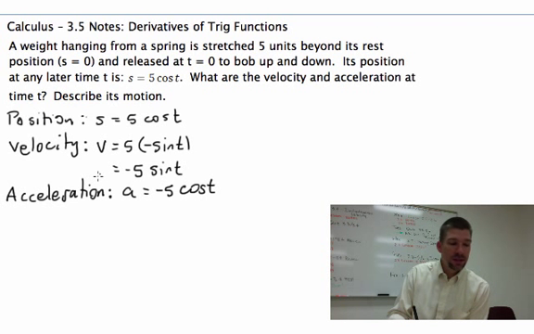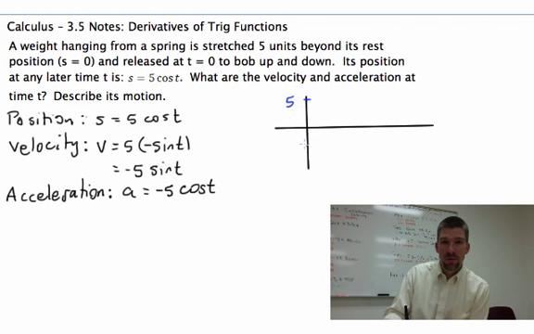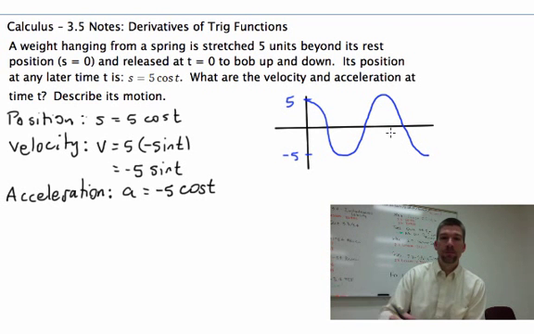And so what does this tell us about the motion? Well, the position is 5 cosine t, so position is going to look something like, this may not be super exact, but it's going to look something like this. Cosine, we're going to start up here at 5. We're going to go down here to negative 5. It's a cosine function. So it looks something like this.